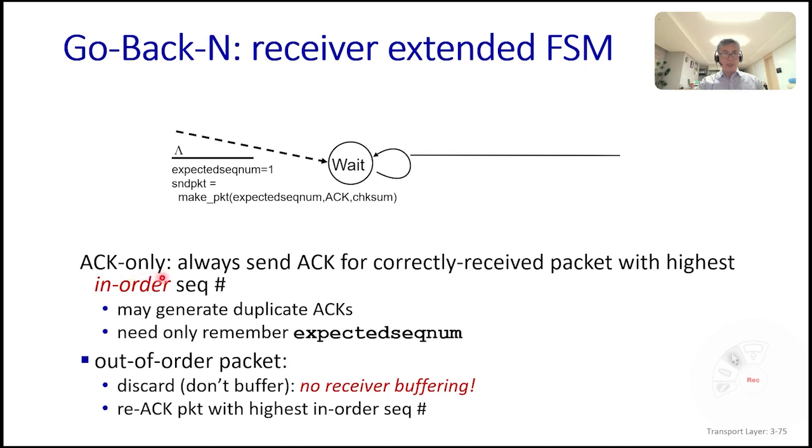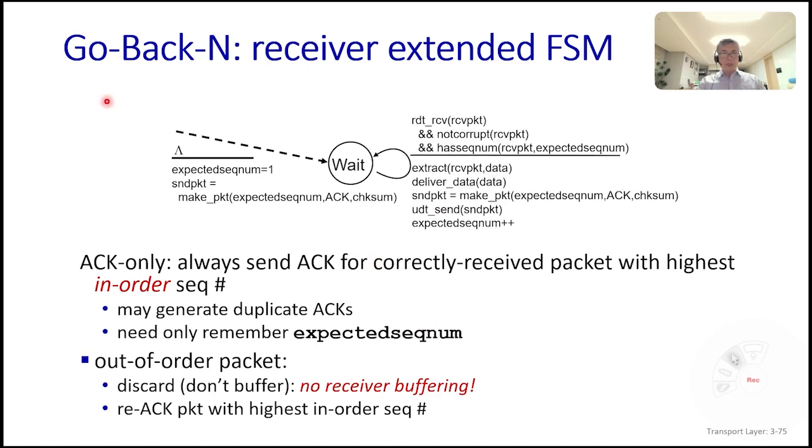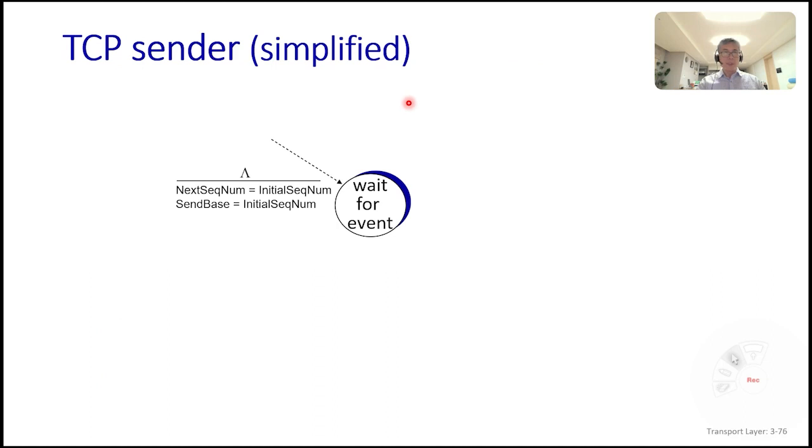The receiver always sends ACK for correctly received packets with the highest in-order sequence number, and out-of-order packets are discarded. So no receiver buffering. This is the Go-Back-N extended receiver finite state machine.